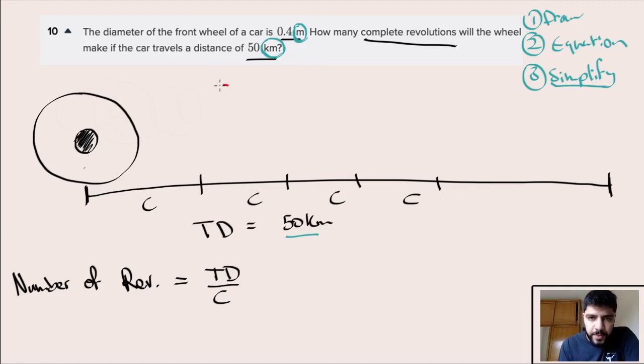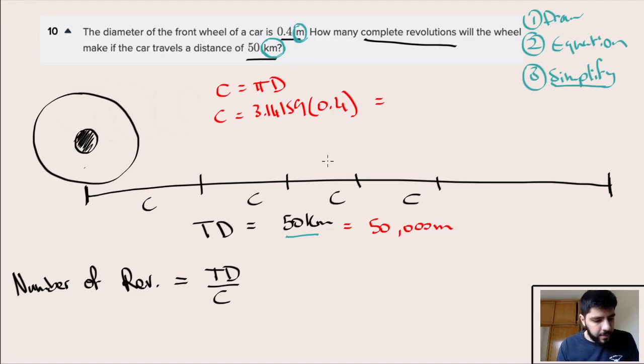We know that C equals pi d, which means, again, I'm using meters. I'm going to convert this to 50,000 meters. I put this in my calculator, 3.14159 times 0.4, and I get 1.256636.